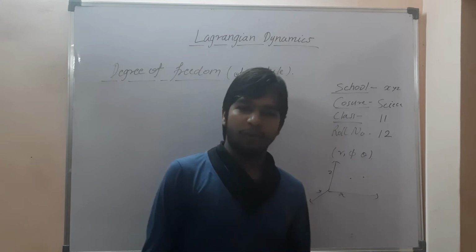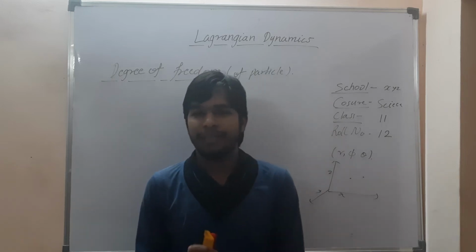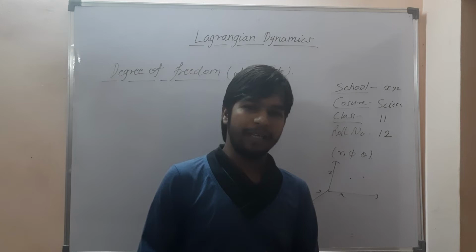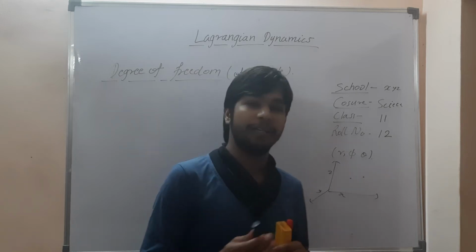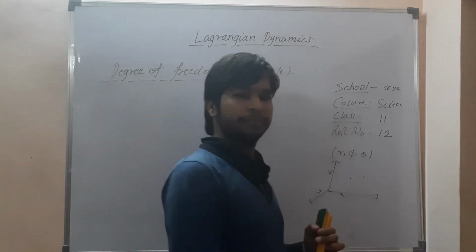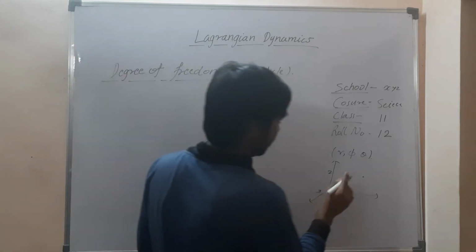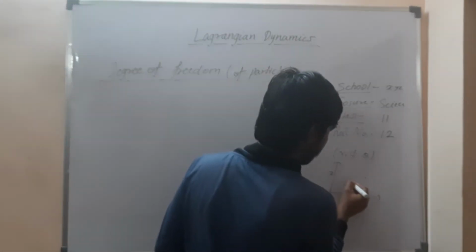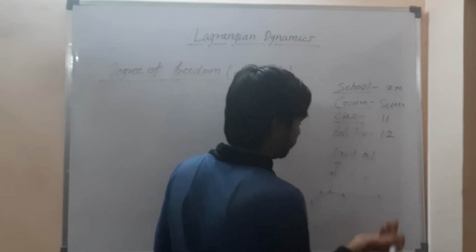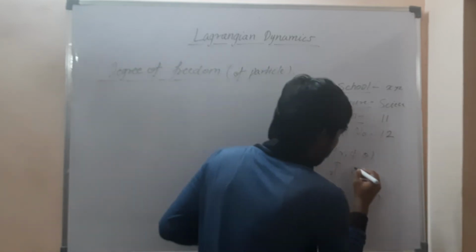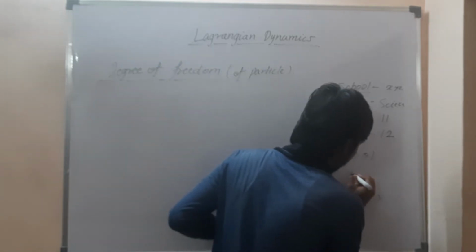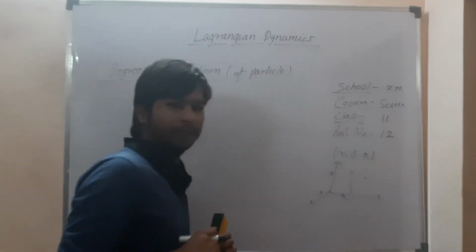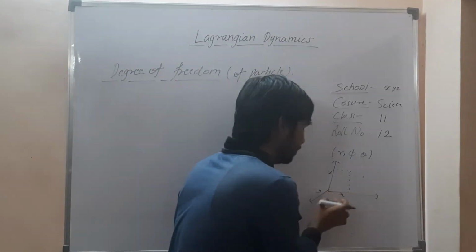We are considering the same room, and I am considering that there is a bird flying in that room. At starting it was at 0, and at time t it went here. So at time t, to define the position of that bird, how many coordinates do I require? 3 coordinates.